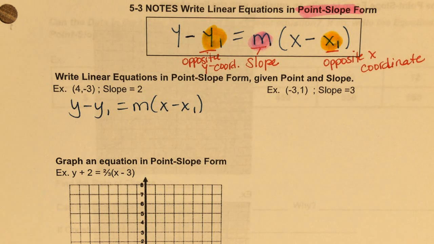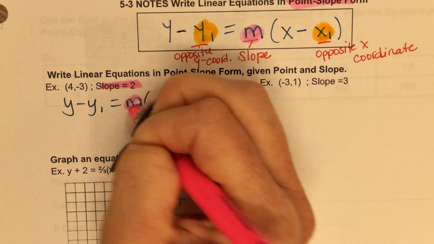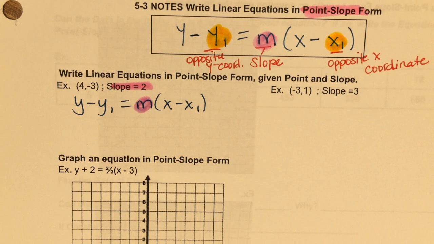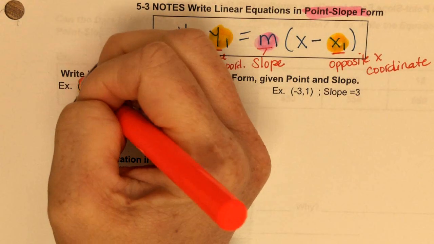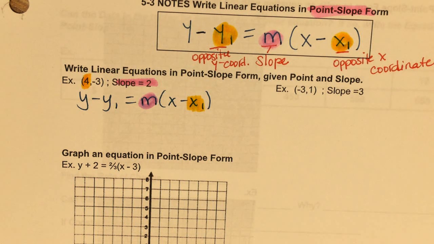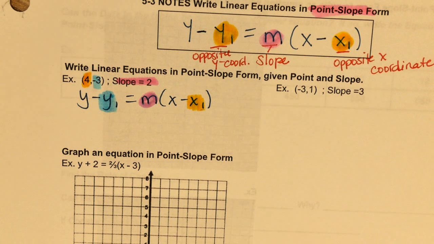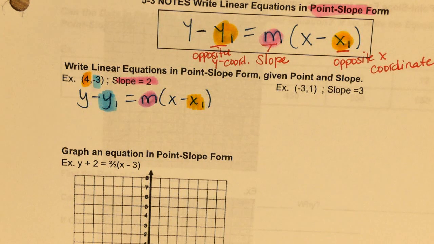So your job is going to be to fill this slope in for the m. This is going to be filled in for the x, but it's going to be opposite. And this is going to be filled in for the y, but it's going to be opposite. Does this make sense? Yes or no?